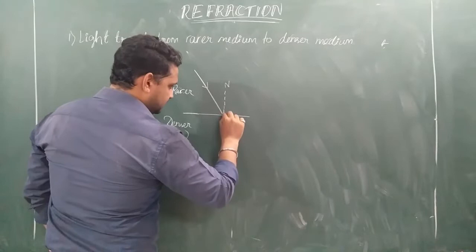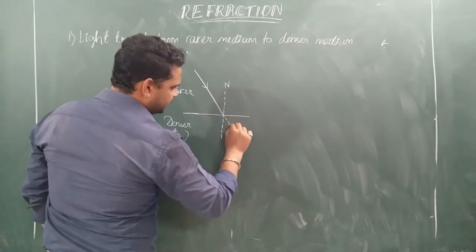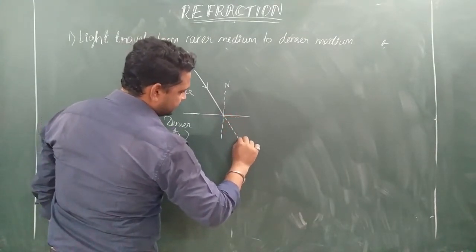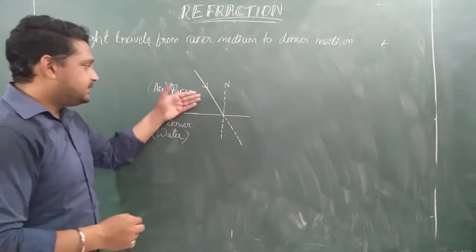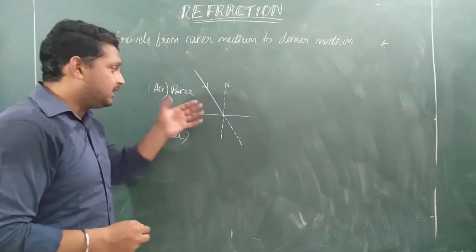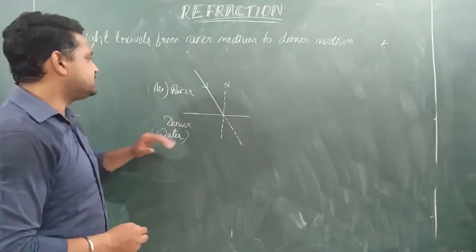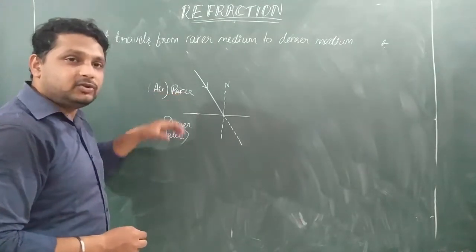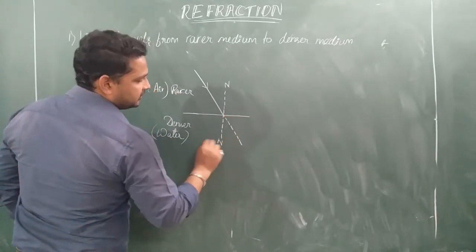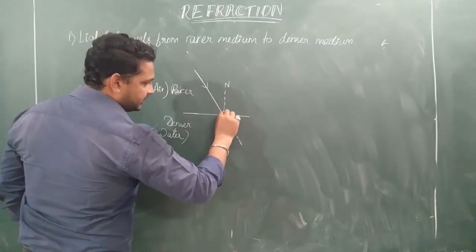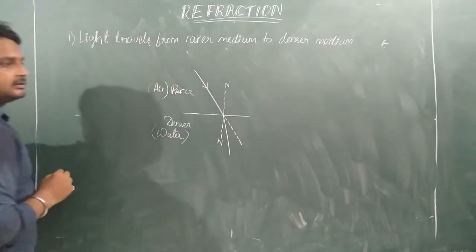Now, this should be the path of the light. It should go in this way, in a straight line. But since there is a change in the medium, the light ray will bend. And how does it bend? Since it's traveling from a rarer to a denser medium, it will bend towards the normal. It will go like this.